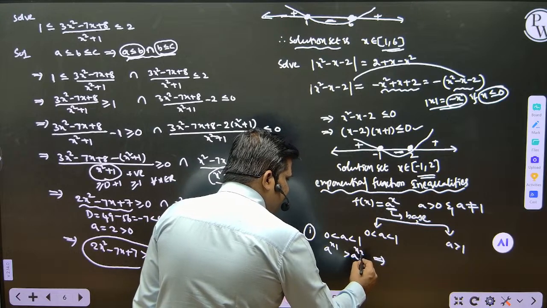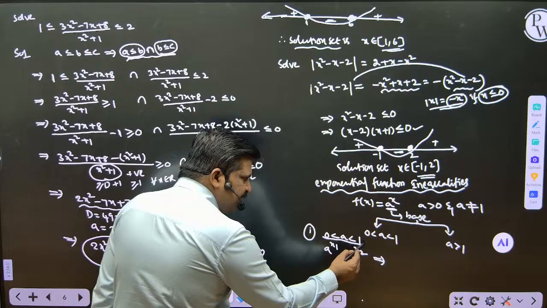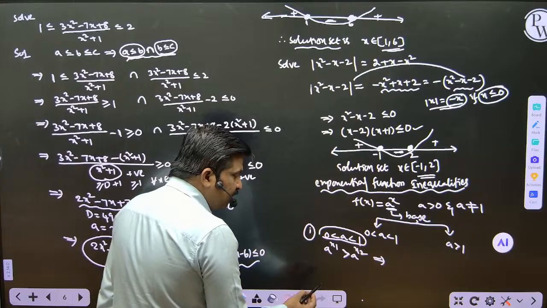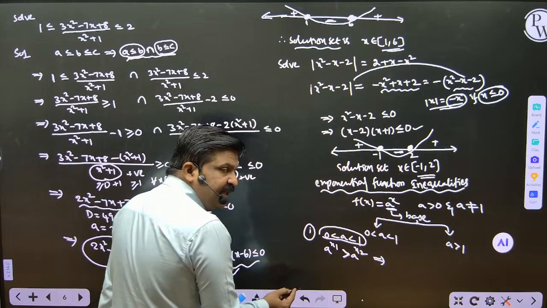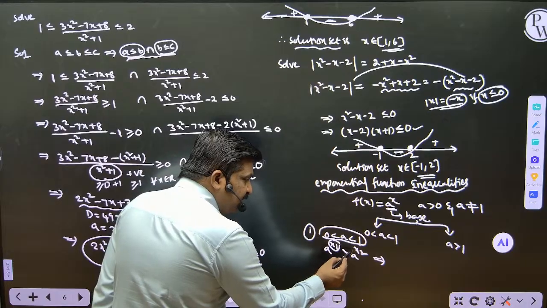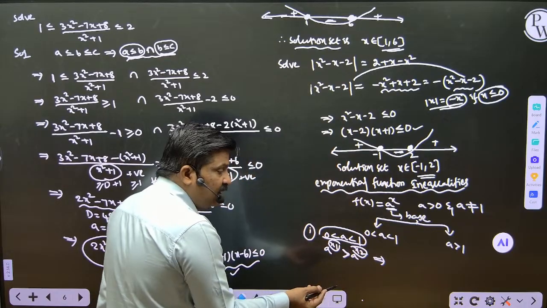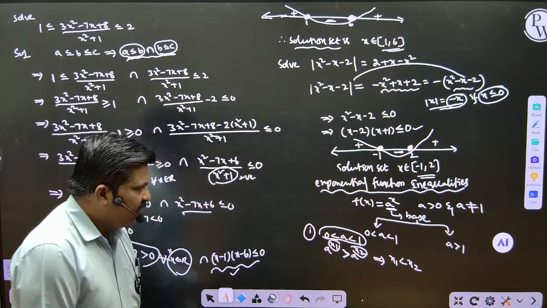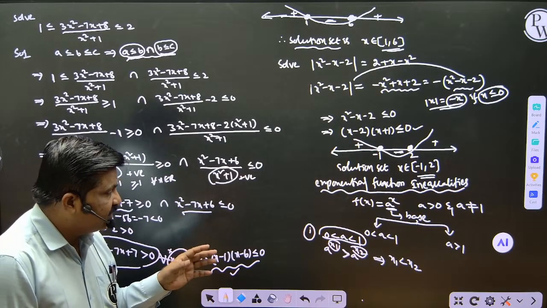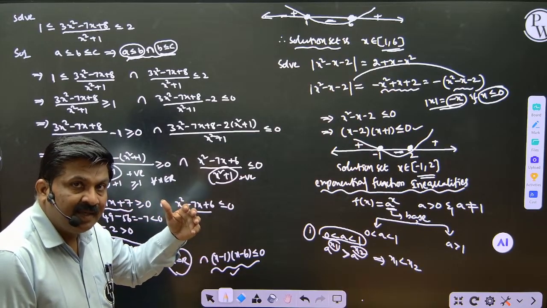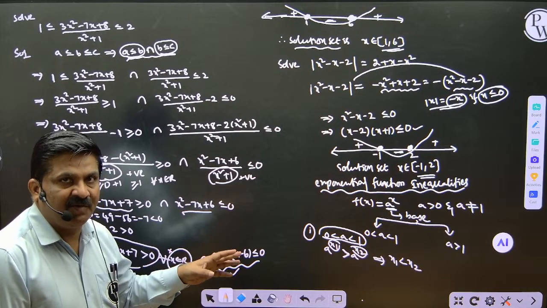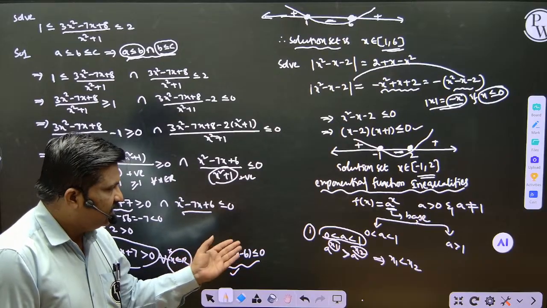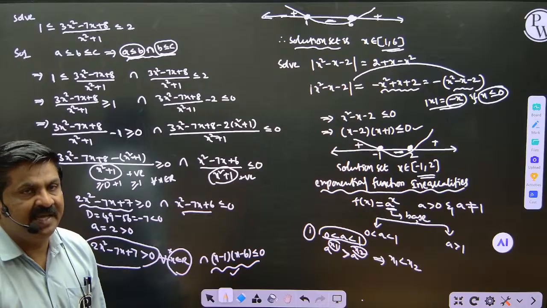Because the base lies between 0 to 1, this is your functional inequality. But when the functional inequality is of greater than type, then the variables' inequality is opposite to it. That is, x1 is less than x2.